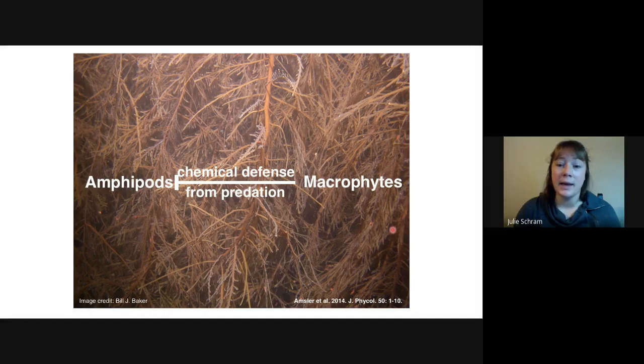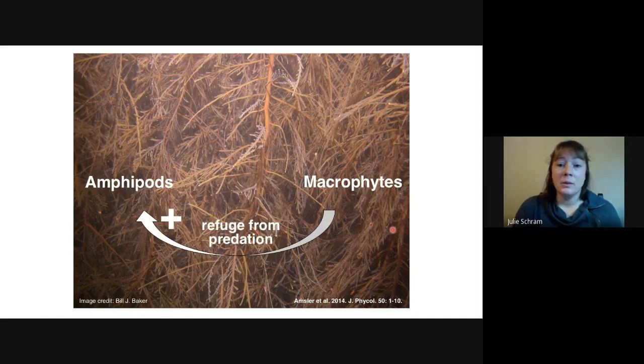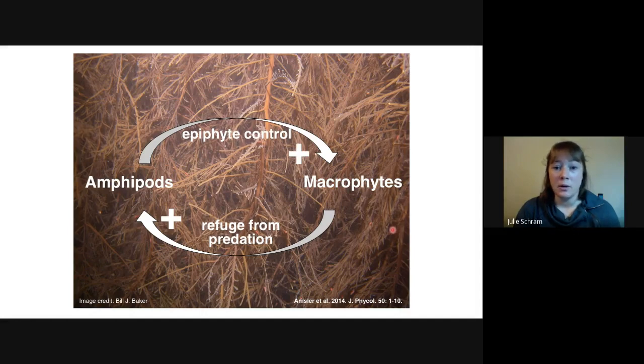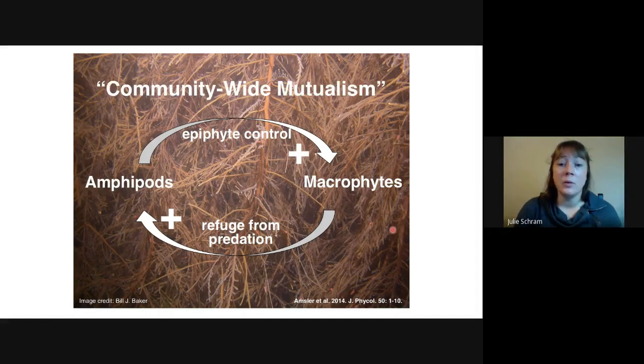The amphipods hang out there because the seaweeds produce those chemical defenses, and the amphipods sort of eavesdrop on this chemical defense and obtain a refuge from predation. While they are there, they consume the epiphytic diatoms or filaments that are on the macroalgae, so they remove some shading. Epiphytes are anything that live on the seaweeds. This relationship has been termed a community-wide mutualism.